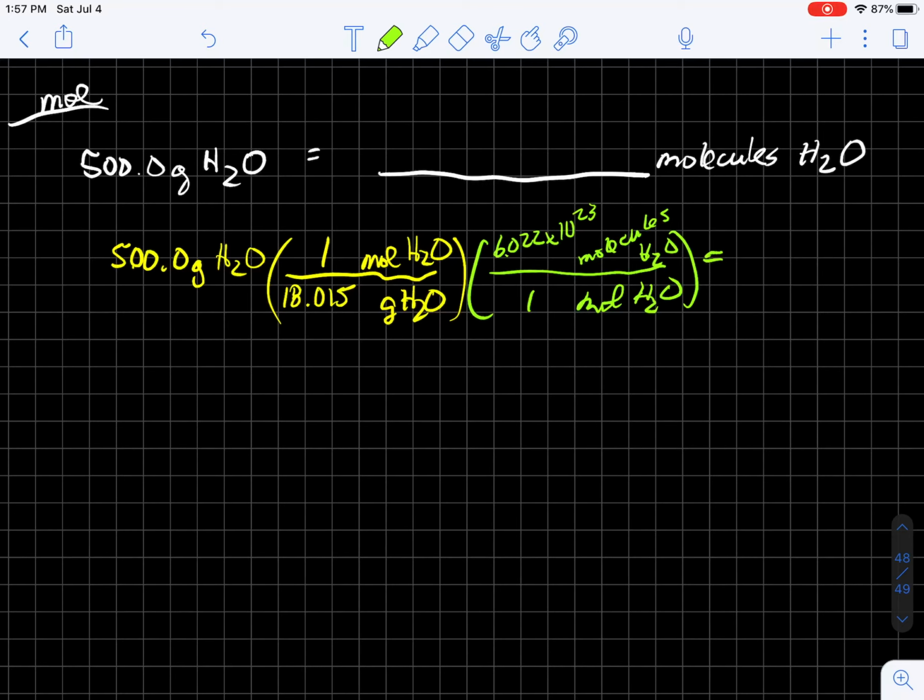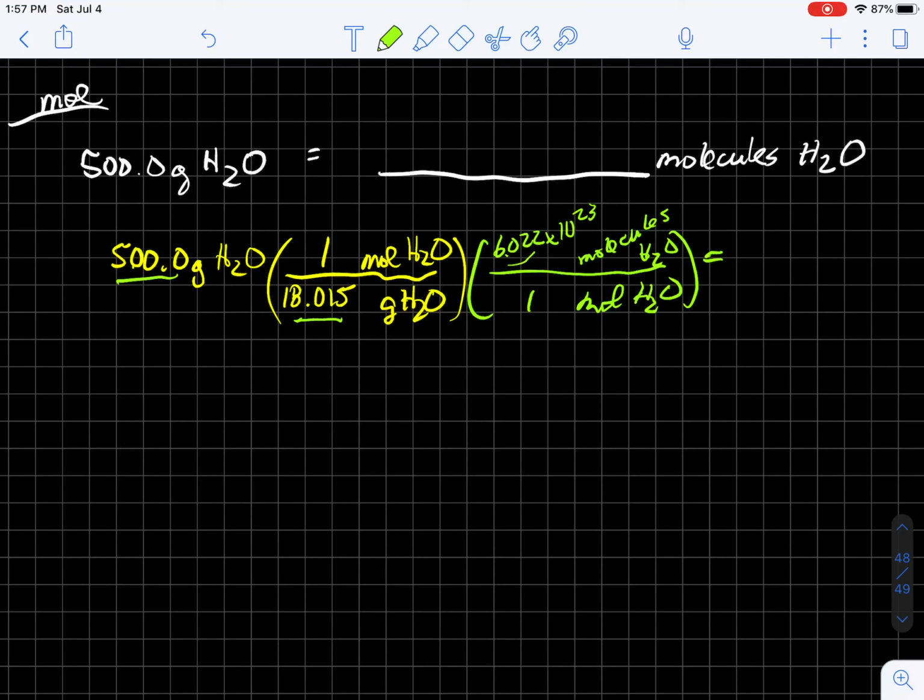All right, so let's calculate this then. 500 divided by 18.015 times 6.022 exponential 23, and that comes out to be 1.671384957 times 10 to the 25th. How many sig figs?